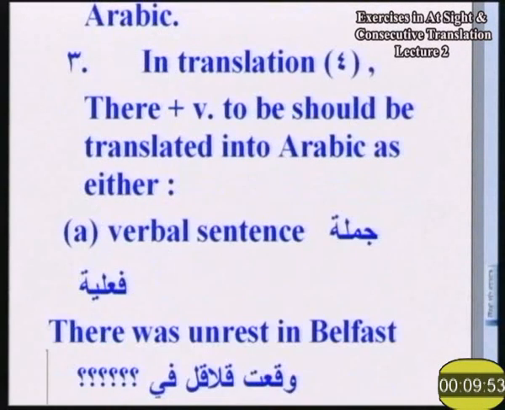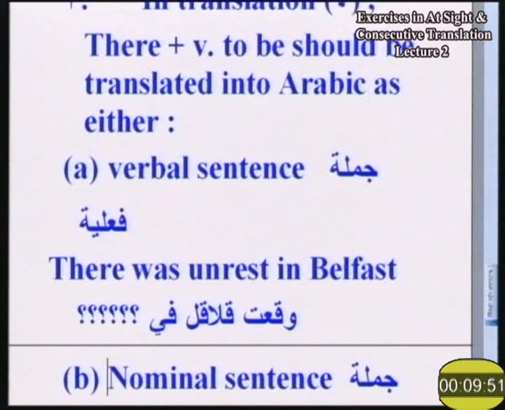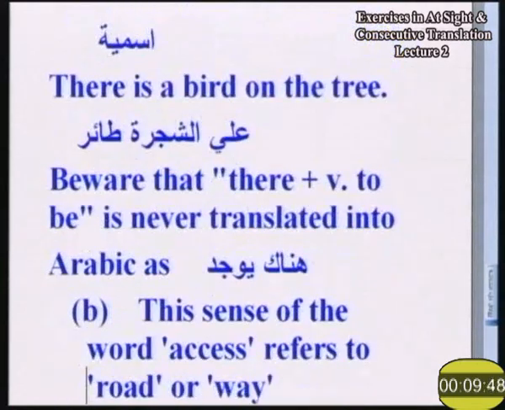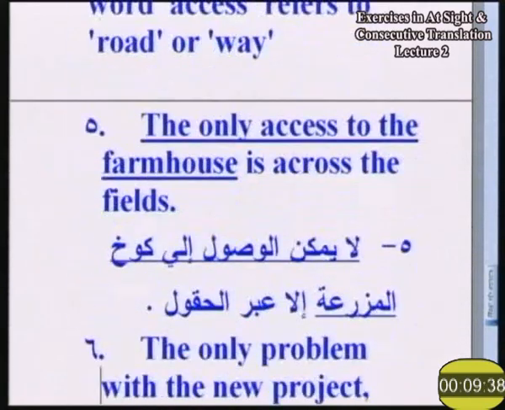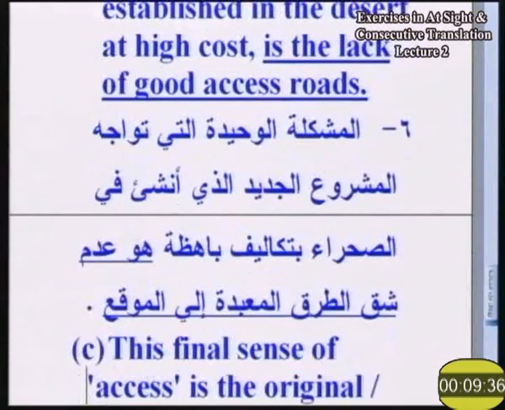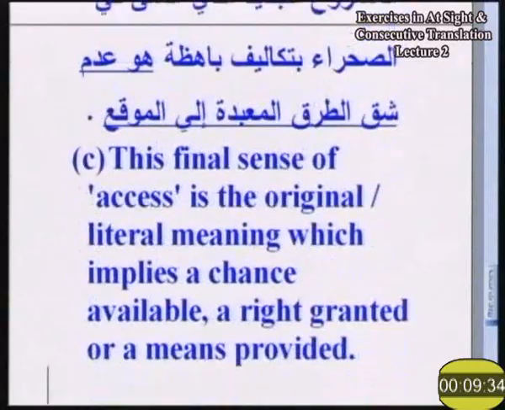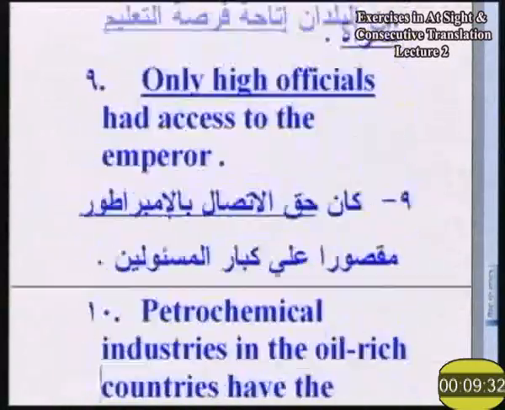There plus verb to be should be translated into Arabic as either a verbal sentence or a nominal sentence. And we have to be aware that there plus verb to be is never translated into Arabic as يوجد أو هناك.